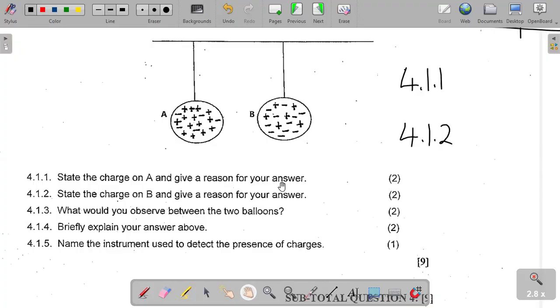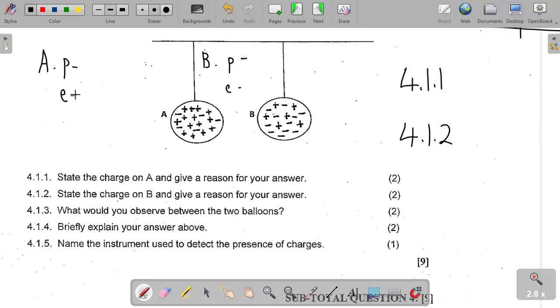What we have to do here is look at the protons and the electrons for A and for B. For A, how many protons and how many electrons? Then also for B.